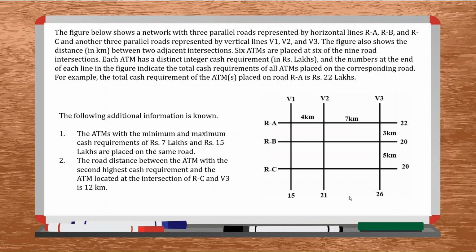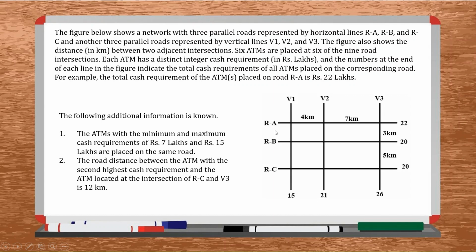So we have a figure below which shows a network with three parallel roads represented by horizontal lines RA, RB, and RC, and another three parallel roads represented by vertical lines V1, V2, and V3. We also have the distance between two adjacent intersections. 6 ATMs are placed at 6 of the 9 road intersections.